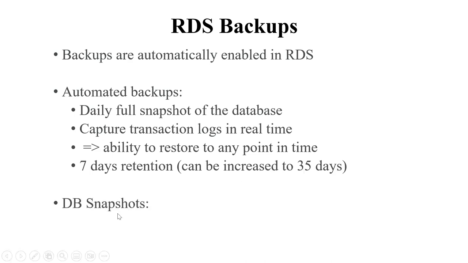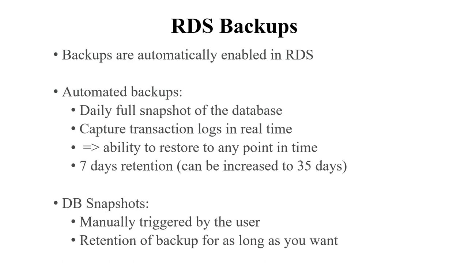But manual backups we can also take. These are DB snapshots, manually triggered by the user. For these backups, we can keep the retention as long as we want. We have S3 storage, where we can keep all the data objects, and we can upload the backups into S3.